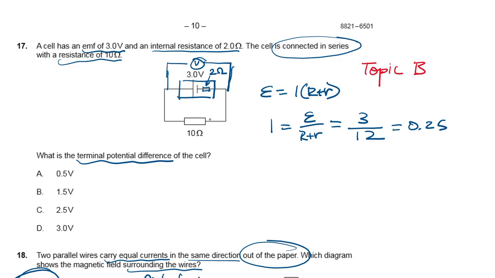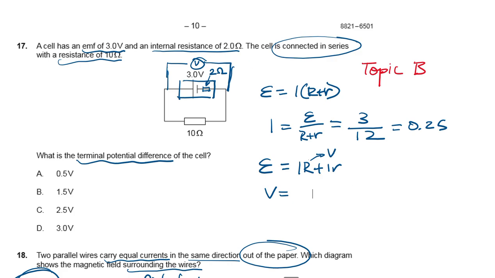And now what we have is we want the voltage of that. So we use the same equation, IR plus Ir, and we know this is our voltage. So V, right, and that's the voltage across the cell, right?